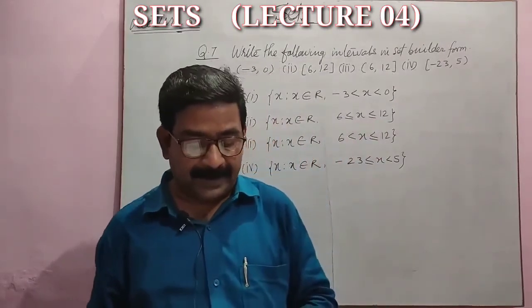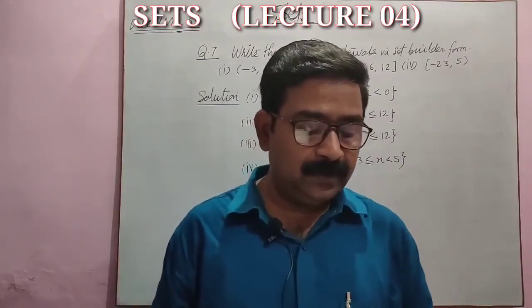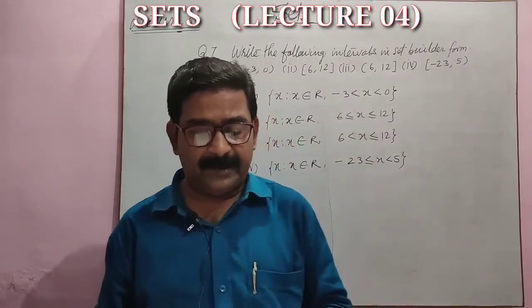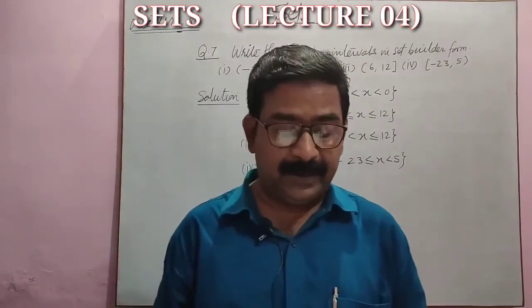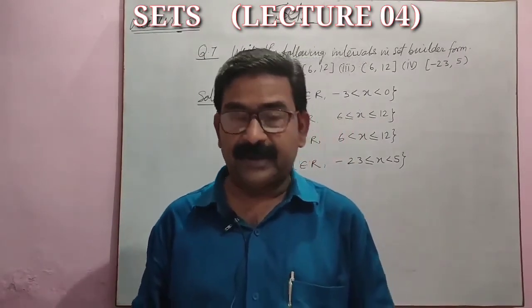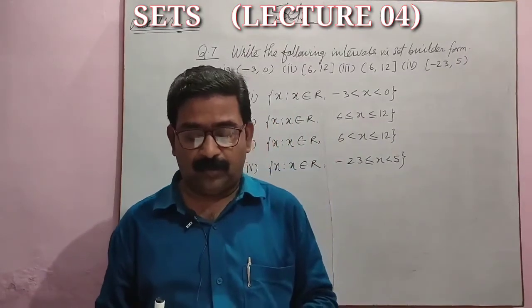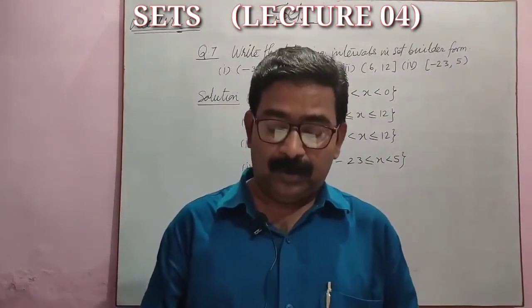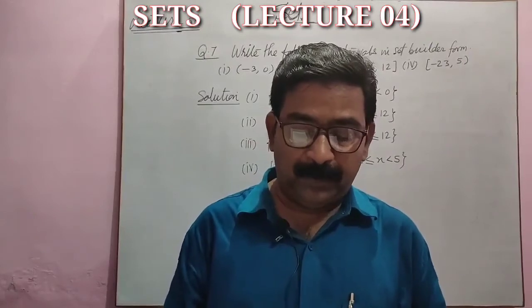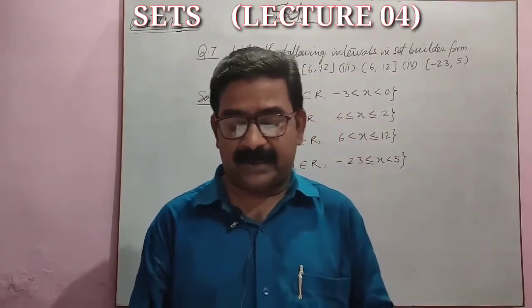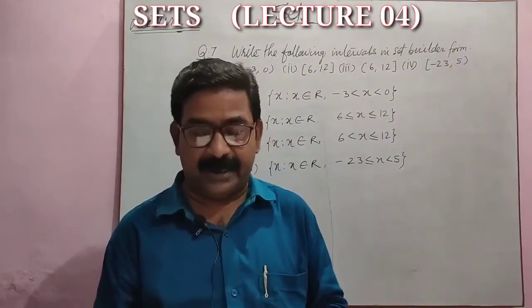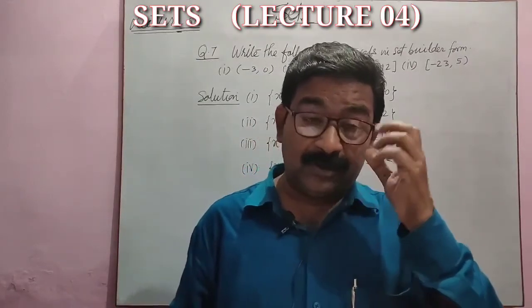Now in question number 9 you are given the set A containing elements 1, 3, 5, set B containing 2, 4, 6, set C containing 0, 2, 4, 6, 8. Now which of the following may be considered as the universal set for all the three sets A, B and C? What is a universal set?